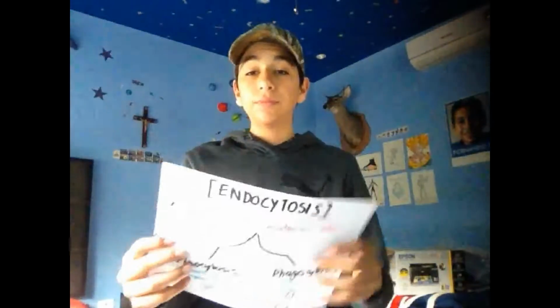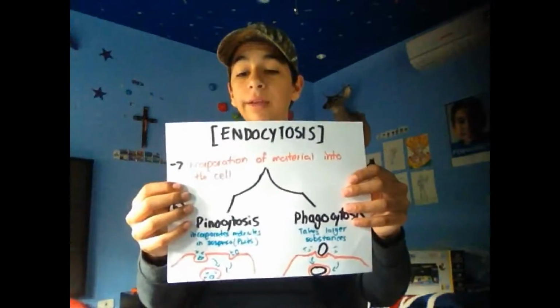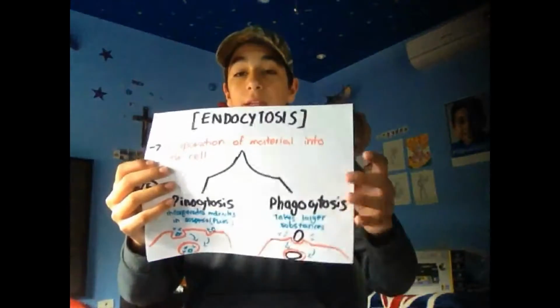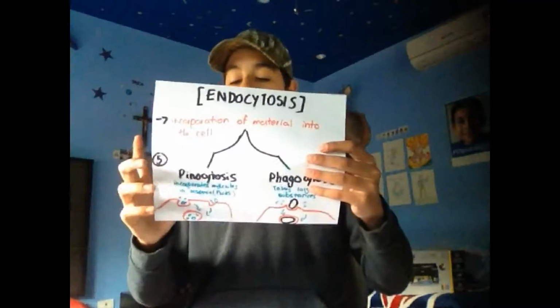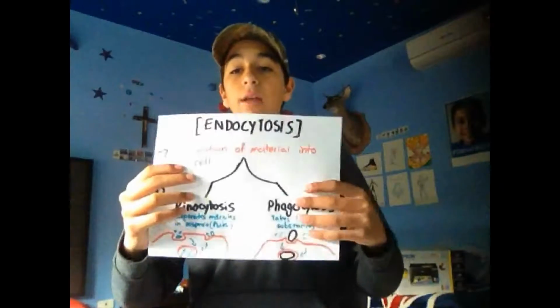And now, in the part of the massive transport, we have endocytosis, that is the incorporation of material into the cell, and it also splits into pinocytosis and phagocytosis.